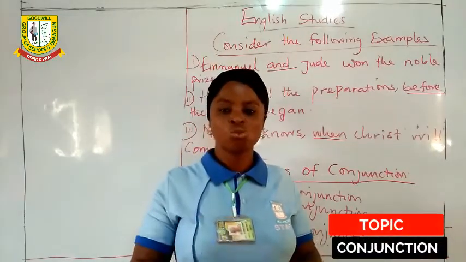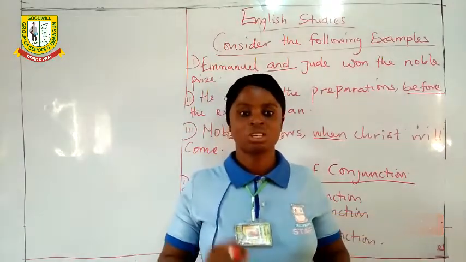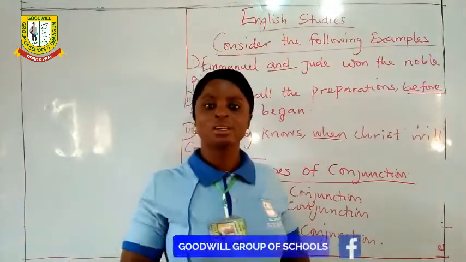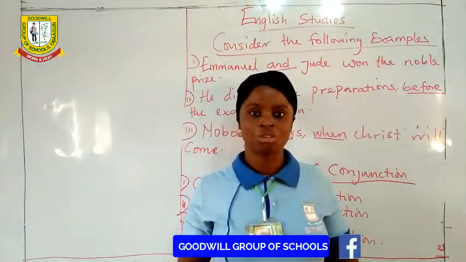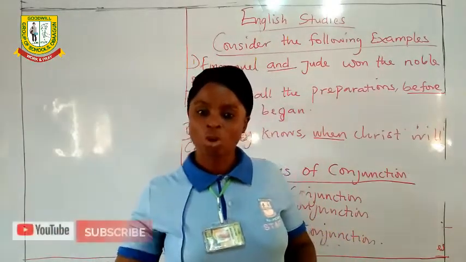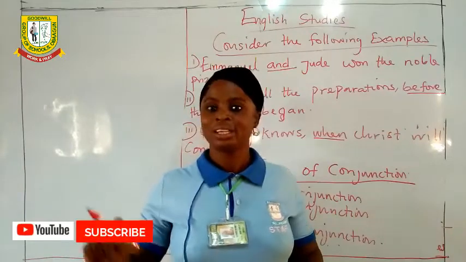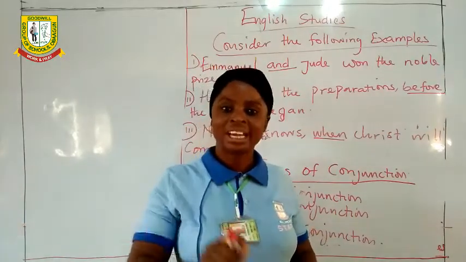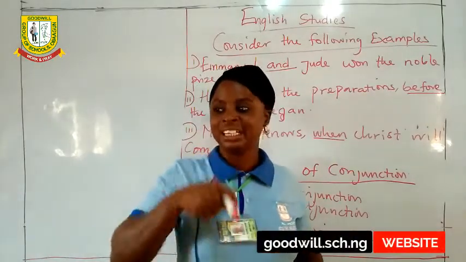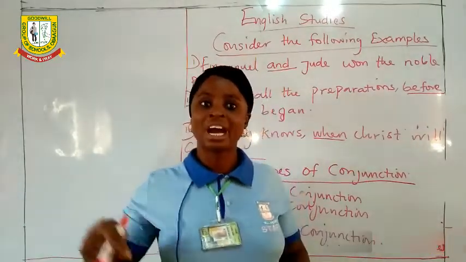It must be equal in structure. For instance, Shade and Kola stay together. Shade is a noun and Kola is also a noun.